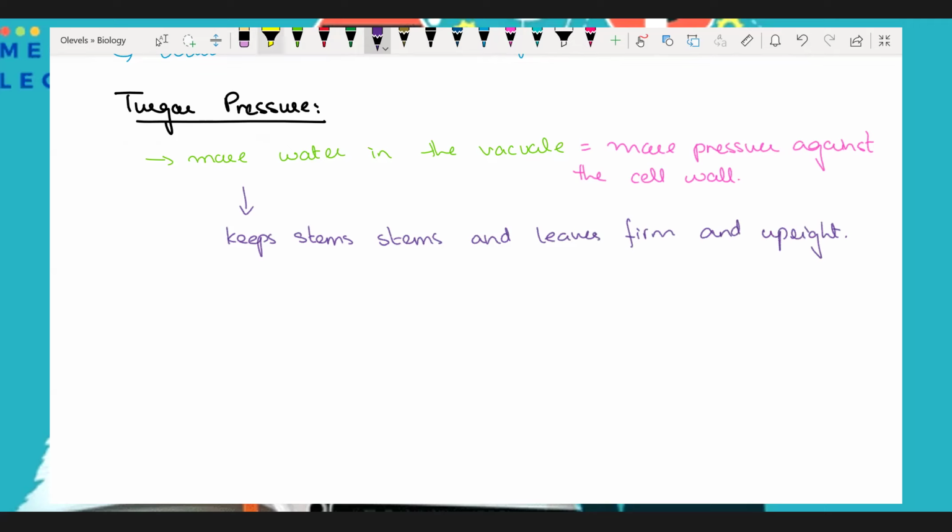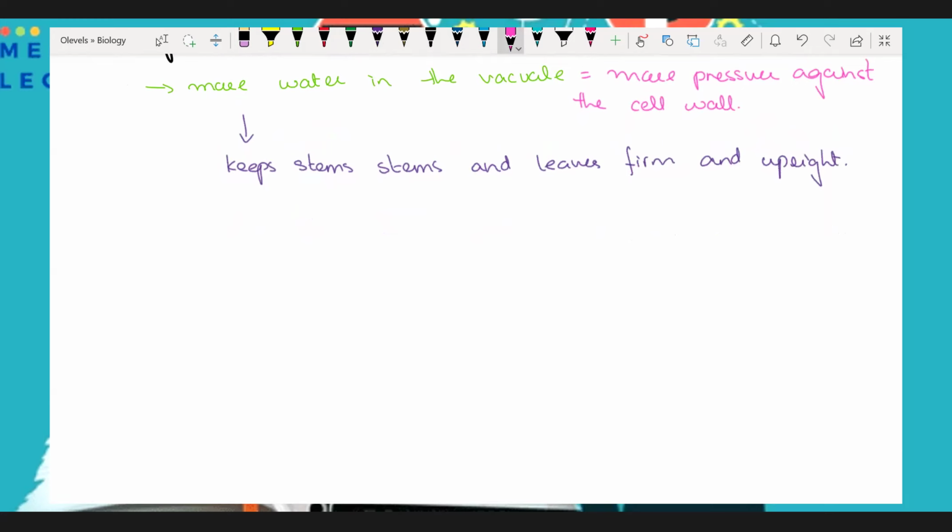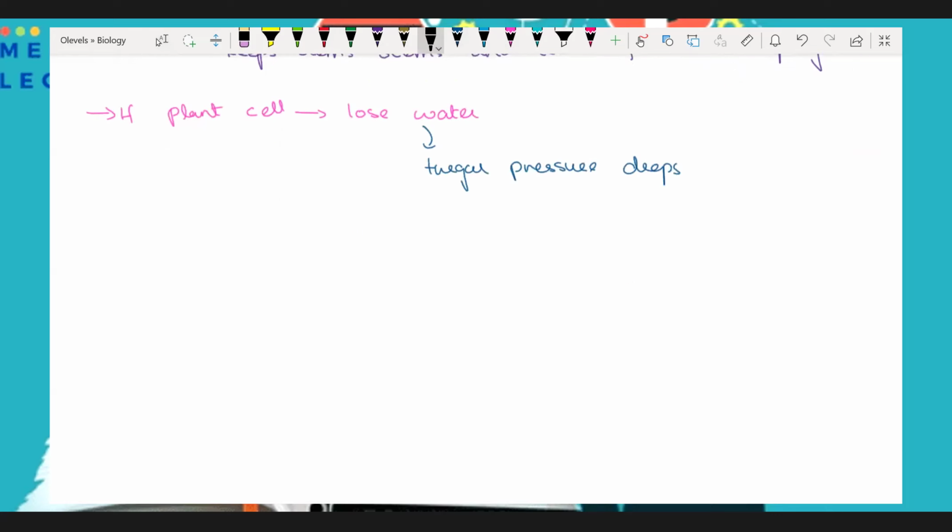Suppose if the plant cell loses water, right? If the plant cell loses water, we can say that due to losing water, its turgor pressure drops. Suppose, let me make a plant cell again. This is a plant cell.